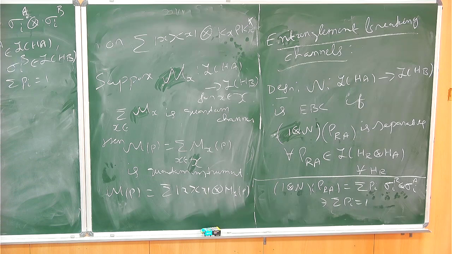Here it becomes a product. You see, dA trace A. If you have H_R tensor H_A tensor H_B, and you have a separable state, some state tensor some state here, then you are taking the partial trace with respect to this.